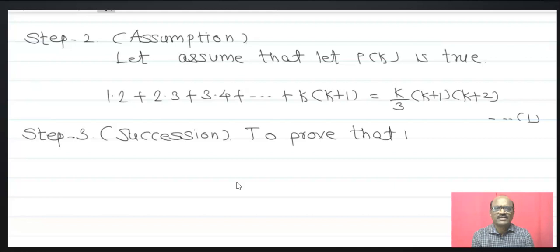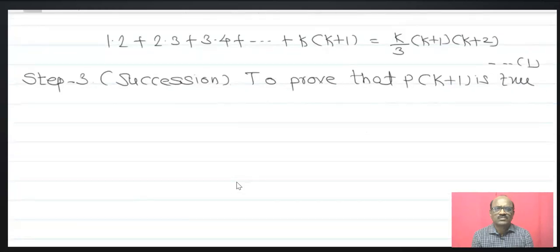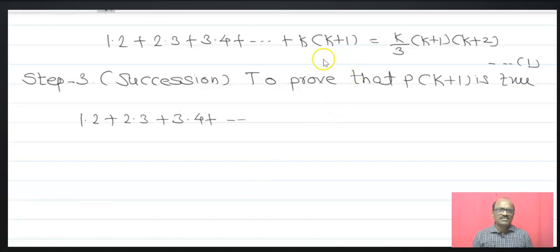To prove that P of k plus 1 is true, here again the k is replaced by k plus 1, then you will get k plus 1 and k plus 2. And also here we replace by k plus 1.